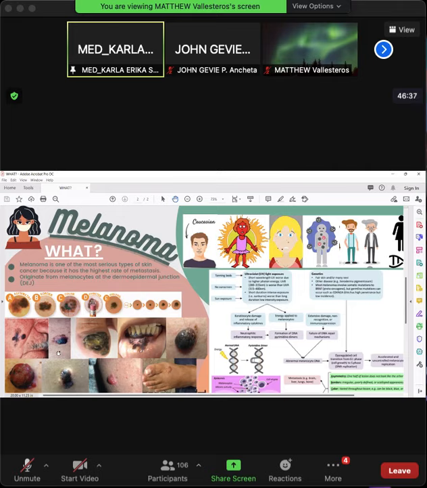The next picture on the right is the acral lentiginous melanoma, the most common type of melanoma in dark-skinned and Asian populations. The most common site of this melanoma in Black persons is the foot. The thumb and hallux are also more frequently involved than the other digits.